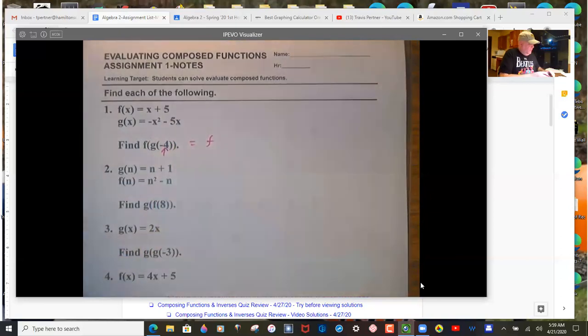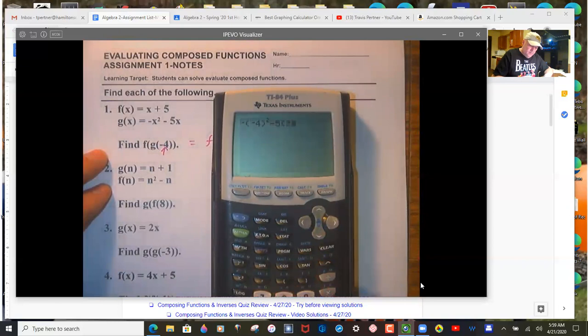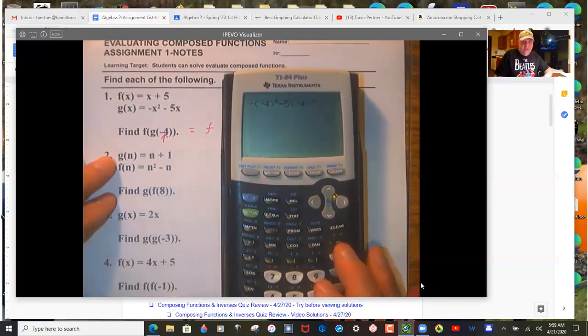So -4 is going to go in, and I would recommend, if you're going to use a calculator to help you, that you use parentheses around values that you substitute in. If you do not do this, you are going to get many wrong answers, especially when you're inputting negatives.